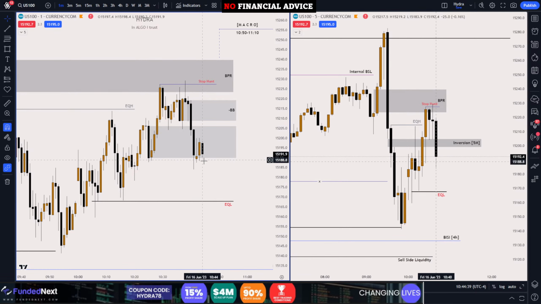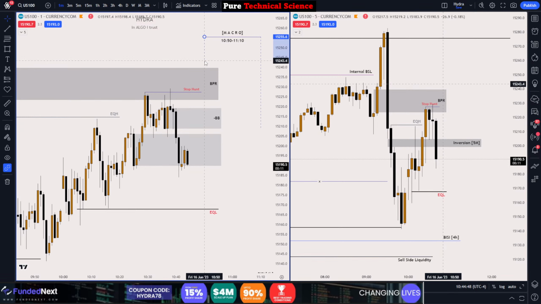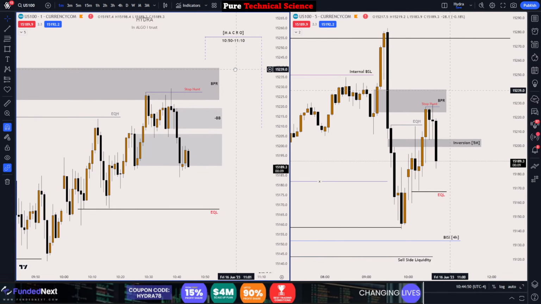If this price action was happening inside the 1050 time period, I would have taken this setup. But I prefer to wait and get a little bit more confirmation before I execute.